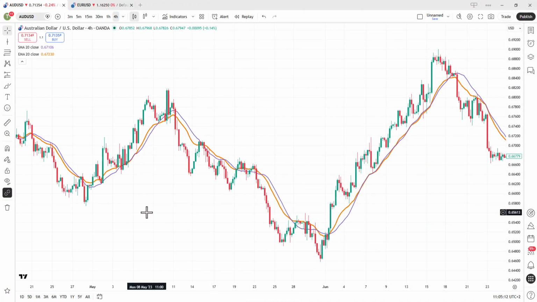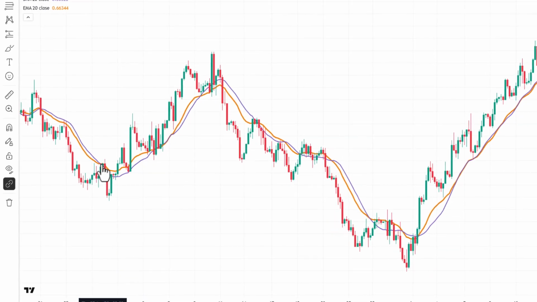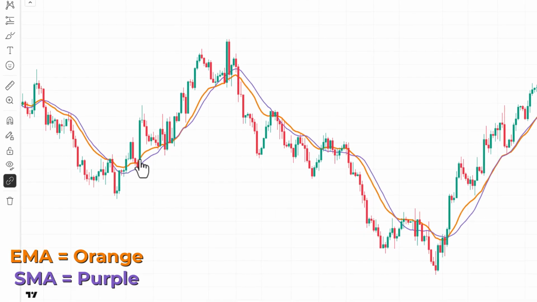The EMA moves a little bit differently, and it gives more importance to recent candles and less importance to older candles, which means that on a chart, the EMA is always first to react.